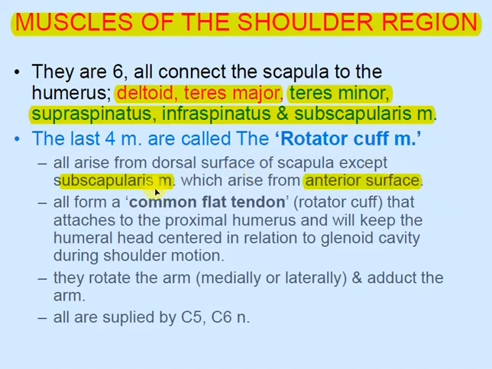The common feature of these muscles is that all form a common flat tendon, which is called the rotator cuff tendon. It attaches to the proximal humerus and keeps the humeral head centered in relation to the glenoid cavity during shoulder motion.